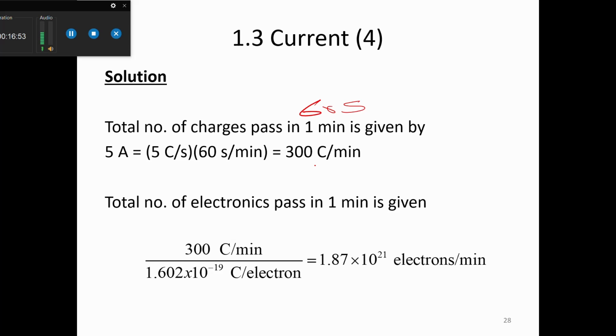In 1 minute, 5 ampere current will carry 300 coulombs. And if we want to find the total number of electrons that pass in 1 minute, we can divide it by 1.602 into 10 to the power minus 19. So approximately 1.87 into 10 to the power 21 electrons per minute will pass.